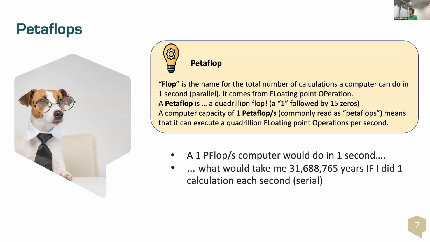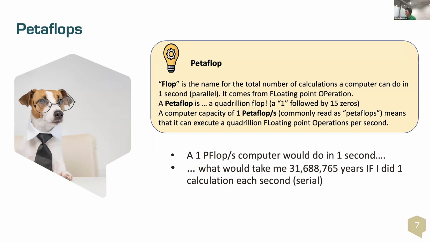If we do one of these floating point operations per second, which I guess would be a reasonable limit for a good mental mathematician, it would take 30,000 years to finish one petaflop of operations.